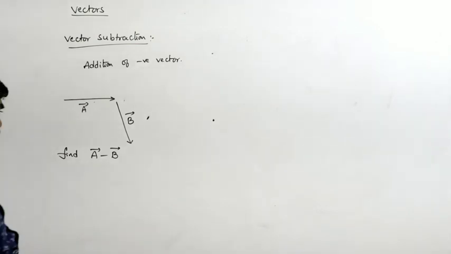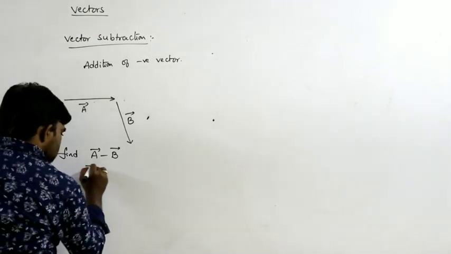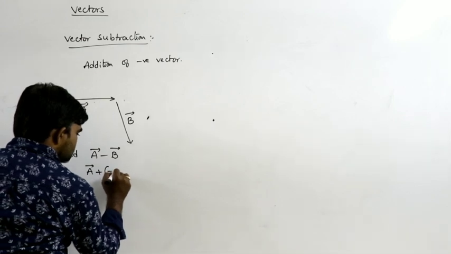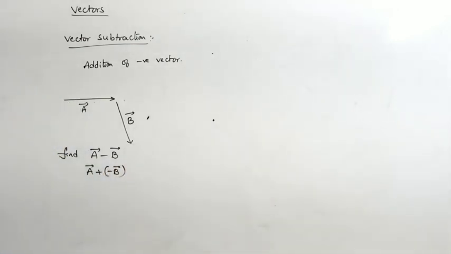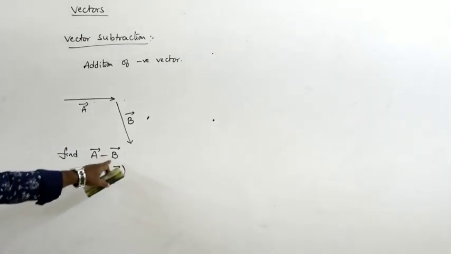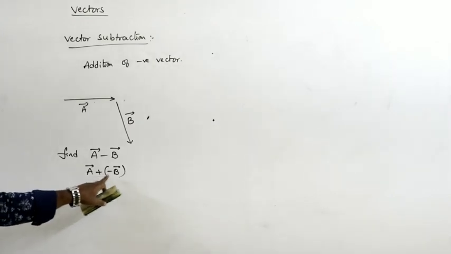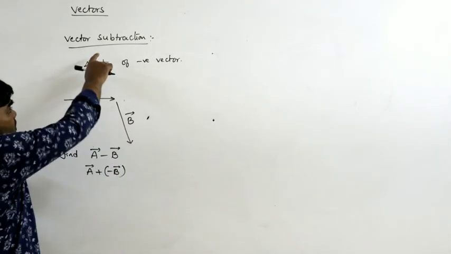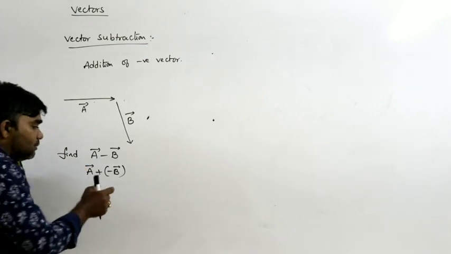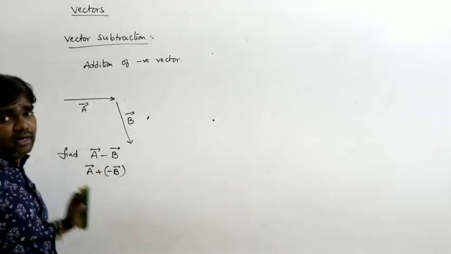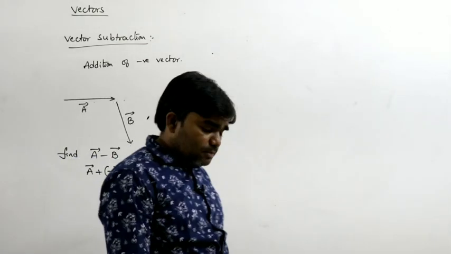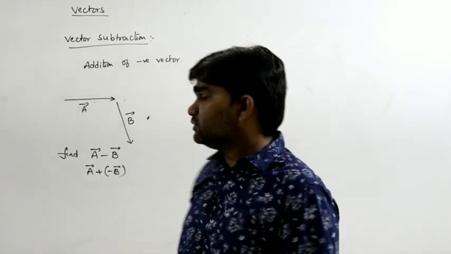A bar minus B bar can also be written as A bar plus of minus B bar. So that means vector subtraction is nothing but addition of negative vector.